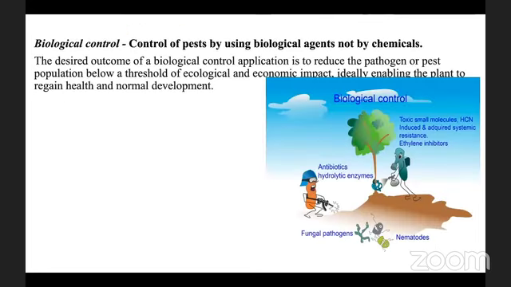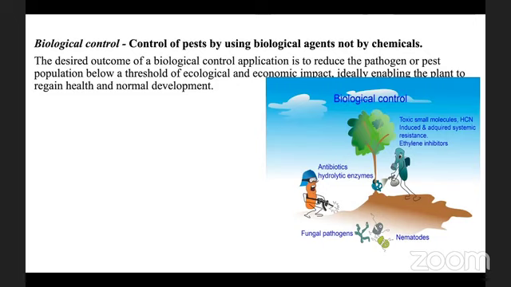And here we can see that the desired outcome of the biological control application is to reduce the pathogen or pest below a threshold level of ecological and economic impact, enabling the plant to regain health and normal development.